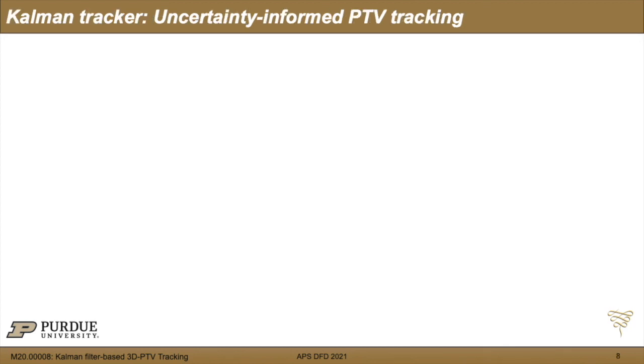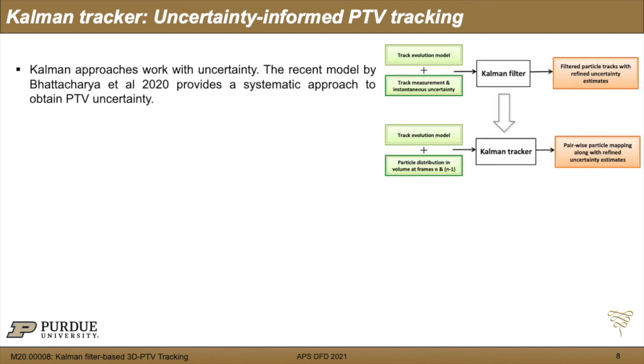To conclude, the Kalman tracker is an uncertainty-informed approach to volumetric PTV tracking. Unlike before, reliable uncertainty estimates for the Kalman tracker algorithm can now be computed from the uncertainty estimation model introduced by Bhattacharya et al. for volumetric PTV.